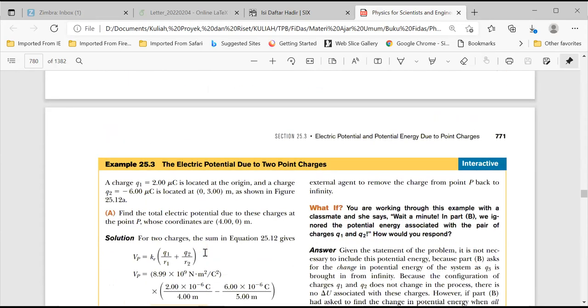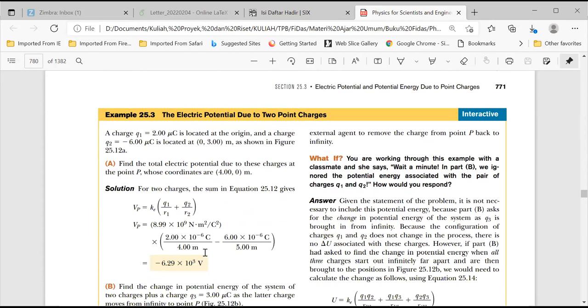The third, what if you are walking through this example with a classmate, who says, wait a minute, in part B, we ignore the potential energy associated with the pair of charges Q1 and Q2. How would you respond?